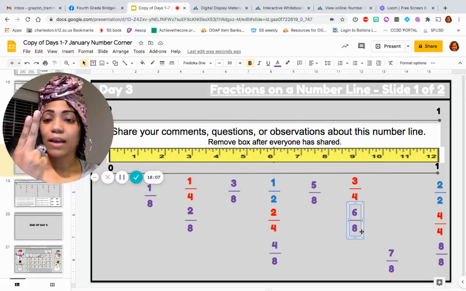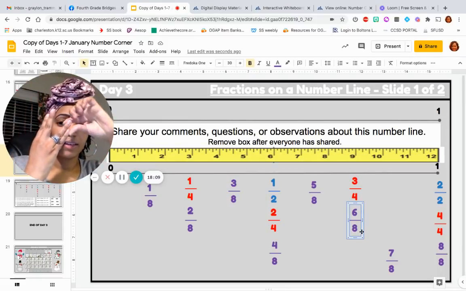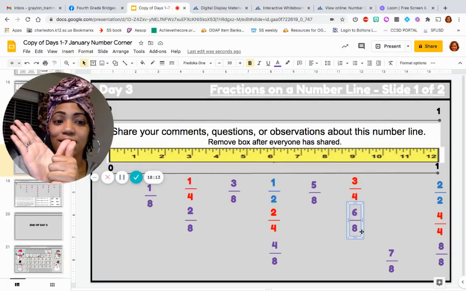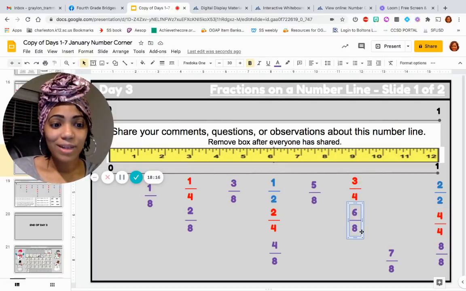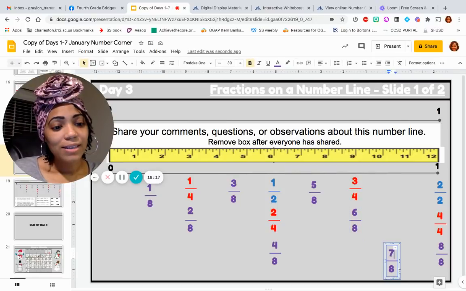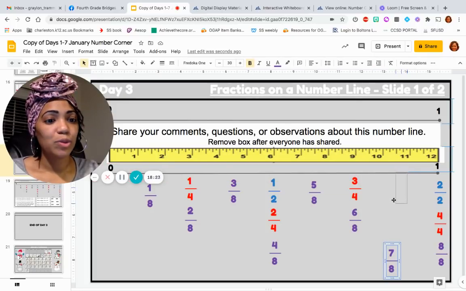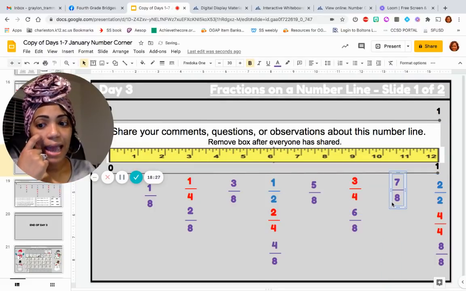Half, another half is 3, plus another 3 is 6, plus another 3 is 9. So 9 inches. And that makes 7/8 belong where? Awesome. Halfway between 3/4 and 1, which is 10.5.